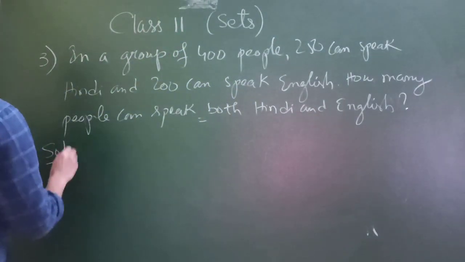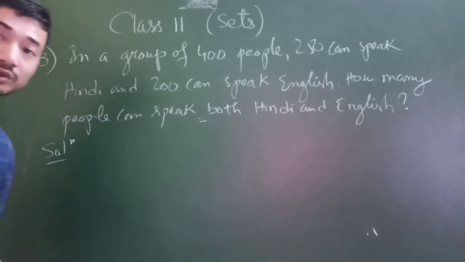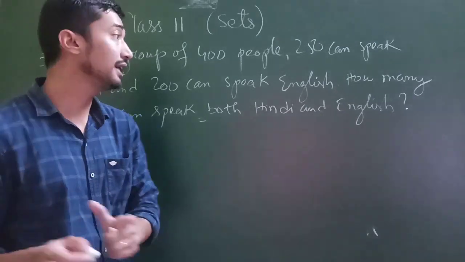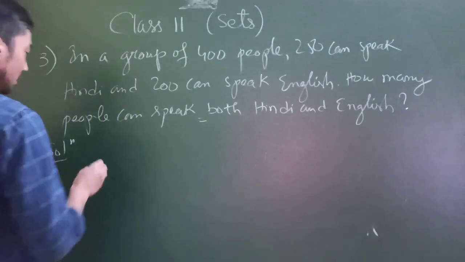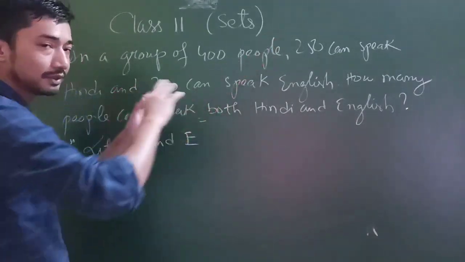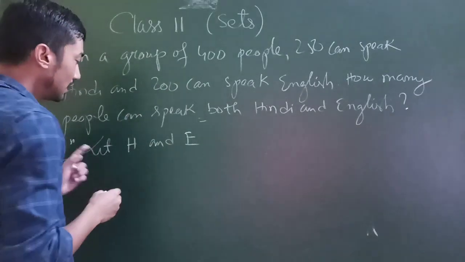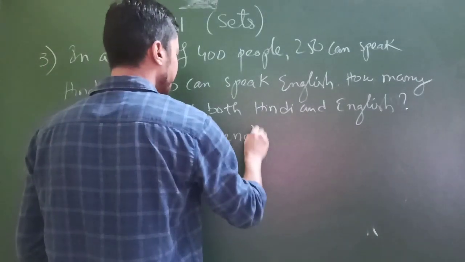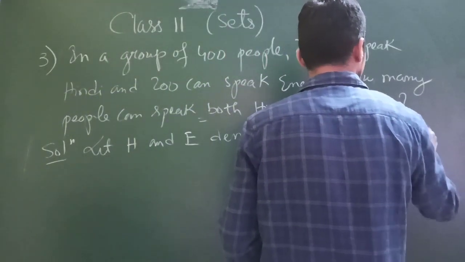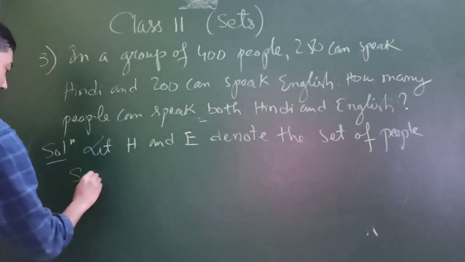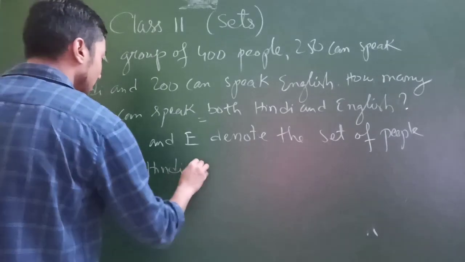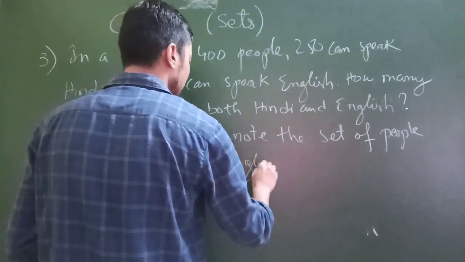Before we start, let's write down the sets that would be representing. We have 2 sets of people, people speaking English and people speaking Hindi. So let H and E denote the set of people speaking Hindi and English respectively.